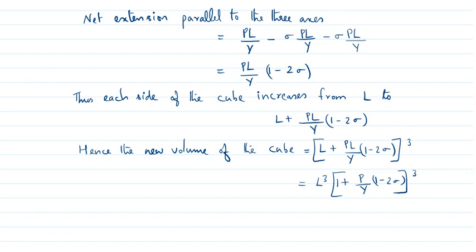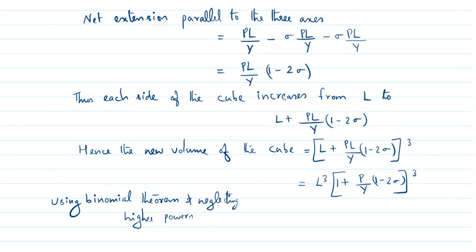So using the binomial theorem and neglecting the higher powers of P divided by Y, 1 minus 2 sigma, we can reduce the term.